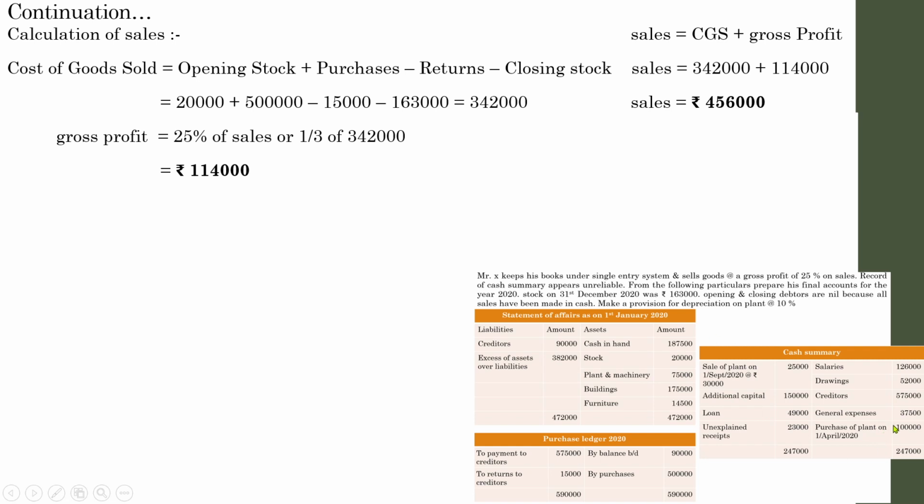So here the thing is, you need to find the depreciation of all the plants. Depreciation can't be provided on all the plants for the full year, because one is there from the beginning and a part of it was sold during the year. So you have to provide full depreciation for the asset that was there in the business for the whole year, and you have to provide a part of the depreciation for the asset that is sold, because it was sold in September.